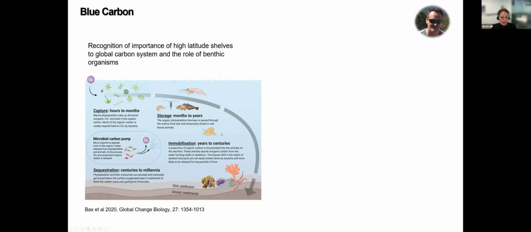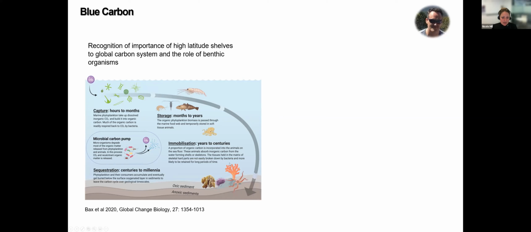So another component of this project is looking at the blue carbon at the seafloor. So recently there's been recognition of the importance of high latitude shelves to the global carbon system and the role of benthic organisms in that. So essentially there's a range of ways that organisms can capture organic carbon, the CO2 from the atmosphere, and on various timescales.